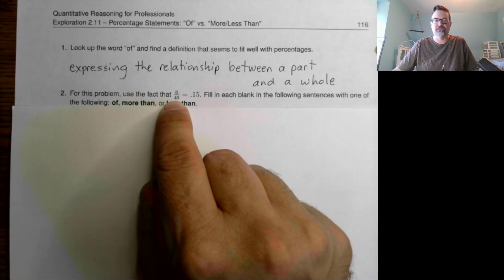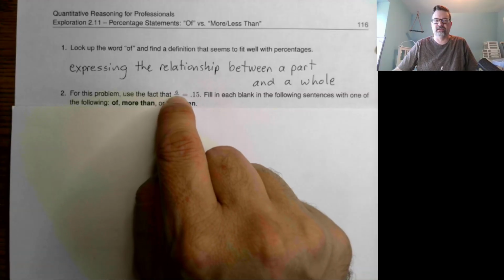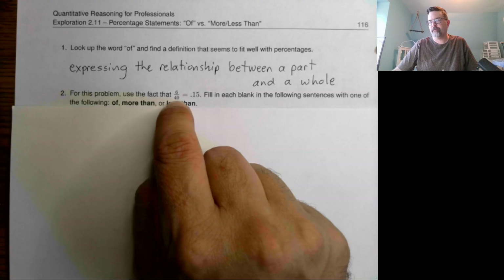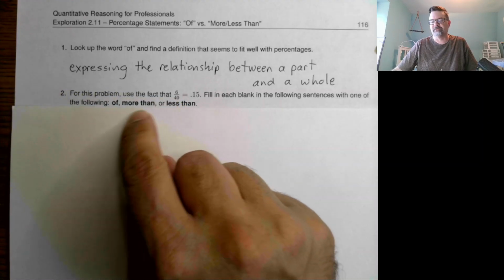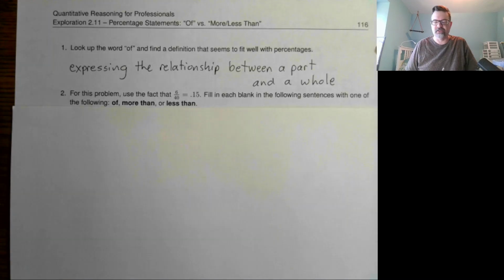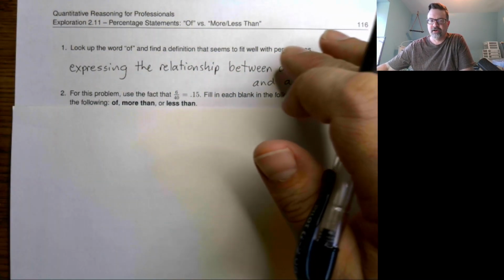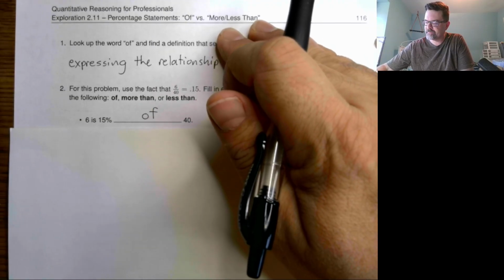We're discussing the relationship between 6 and 40, but you'll see there are some 46s involved in here too. So just pause a second, see what you think for those few blanks.